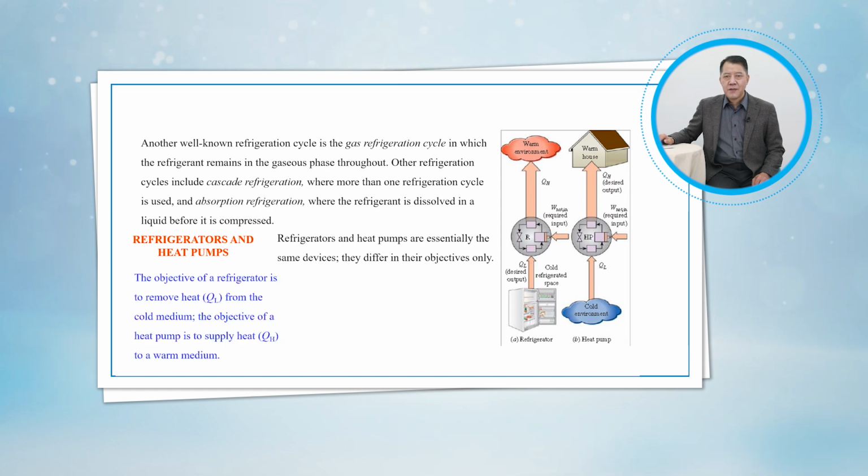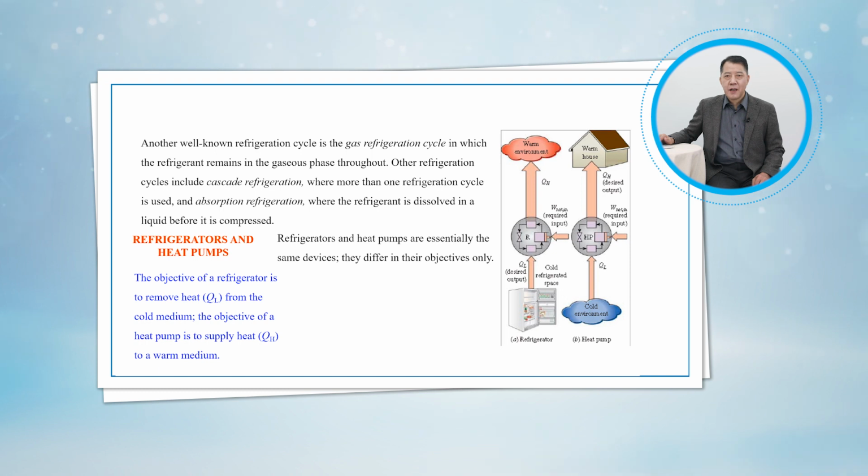The objective of a refrigerator is to maintain the refrigerated space at a low temperature by removing heat from it. Discharging this heat to a higher temperature medium is merely a necessary part of the operation, not the purpose.